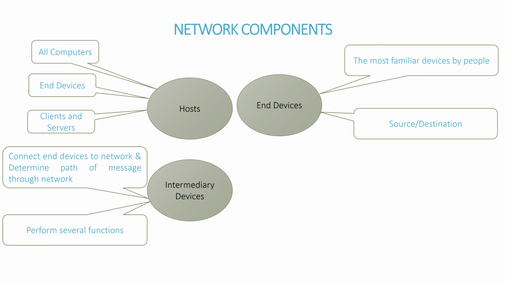They find an alternate path to deliver the message. They will also classify and direct messages according to their priorities, which is very important, and we will learn about that later. Another function of theirs is that they will permit or deny the flow of data based on security.